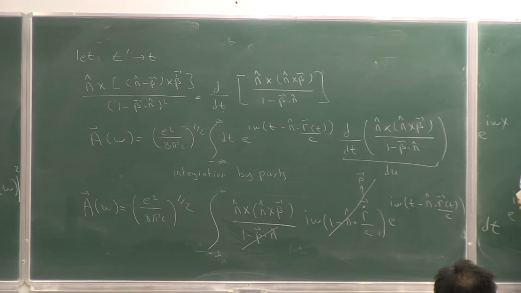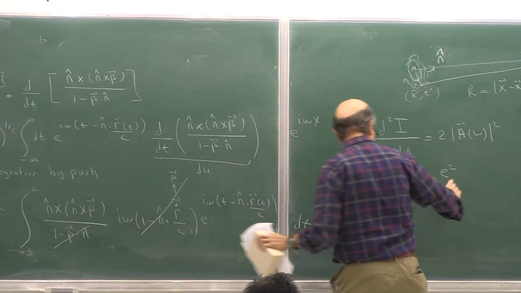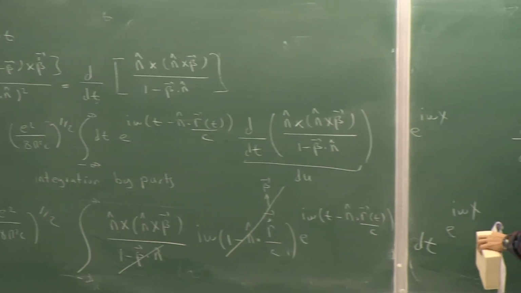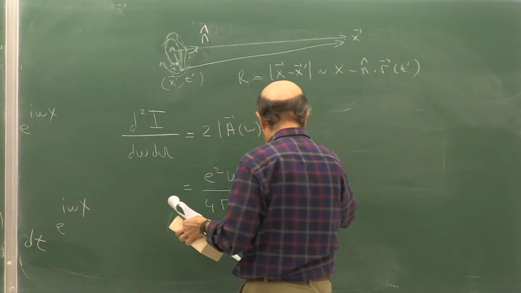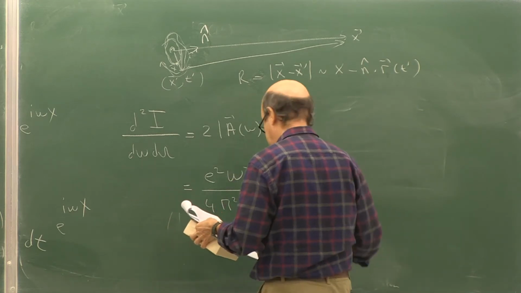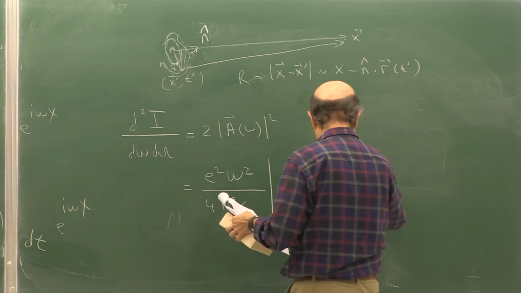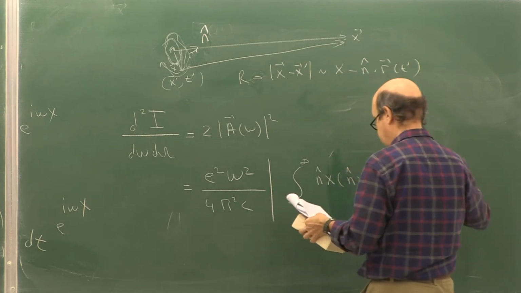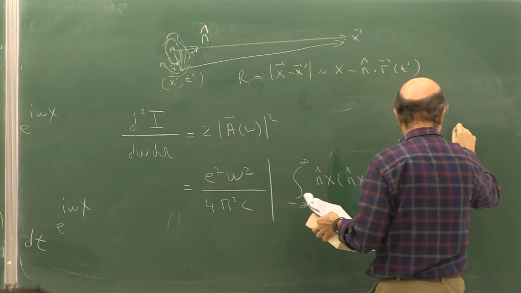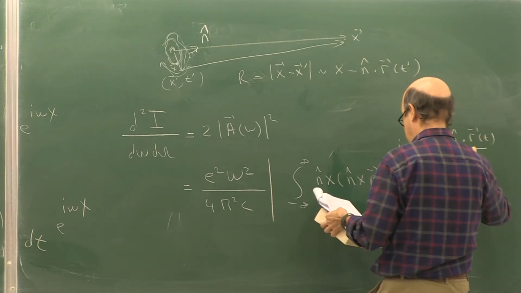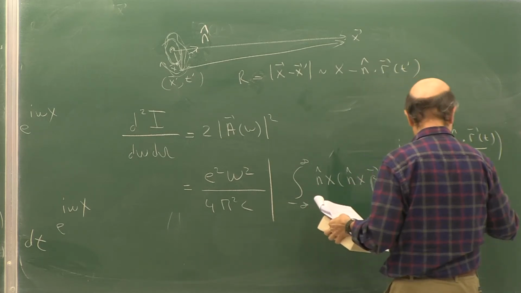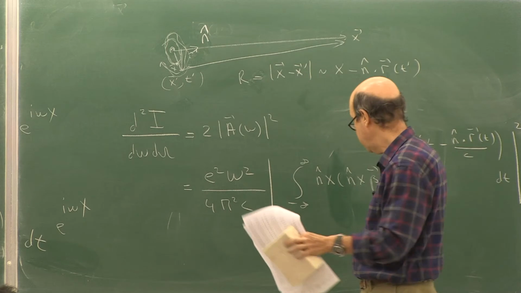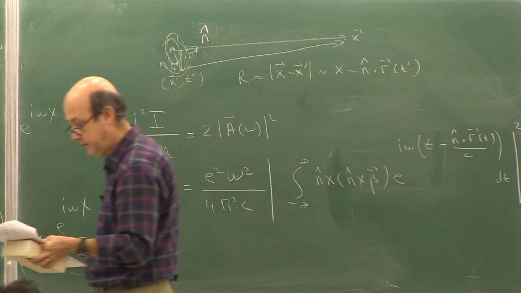That will be e square times omega square divided by 8 times 2, 4, pi square c are the coefficients, and one should evaluate this from minus infinity to plus infinity, n cross beta e to the i omega t minus n dot r of t over c, dt, and take the absolute square of this.